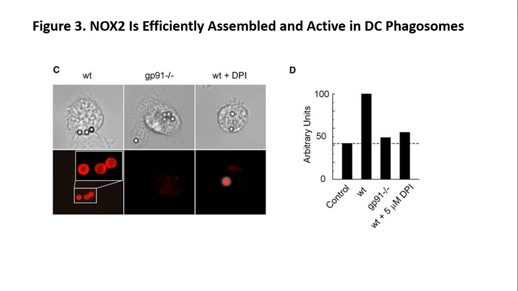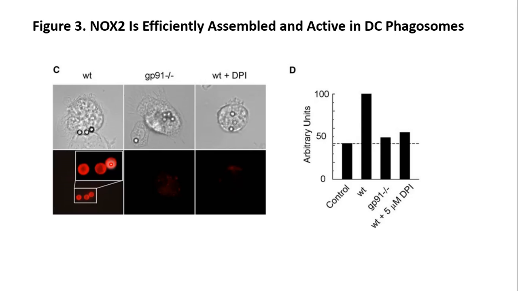ROS production was not observed in phagosomes from the gp91 deficient cells, as I said, and you can see here too the difference between wild type, showing the fluorescence, showing the assembly of NOX2, and the others. So we can conclude that the phagosome environment in DCs is oxidative due to ROS generation by NOX2.